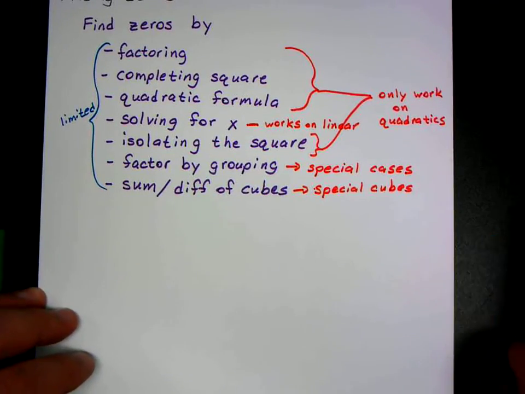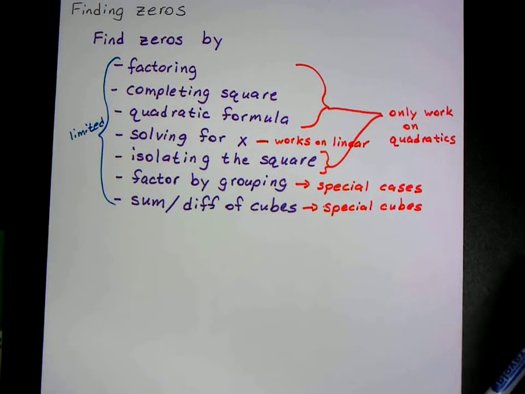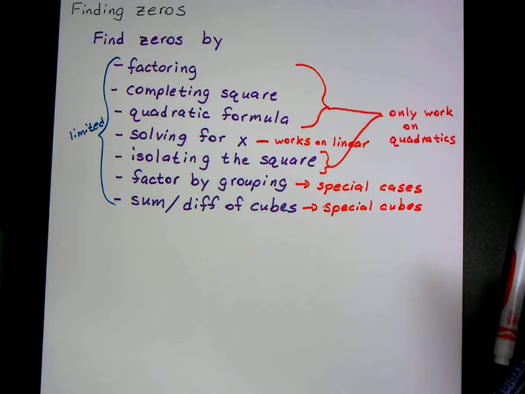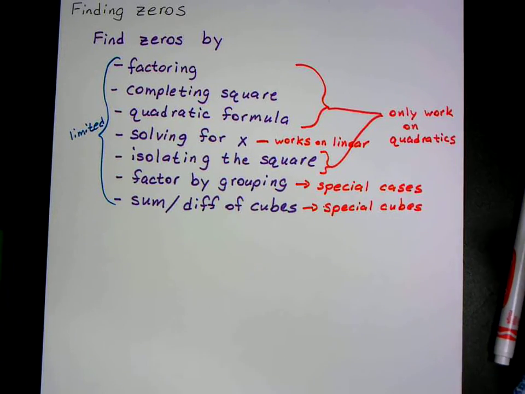In the next section, we're going to learn how to find zeros in broader cases. Those are the ones where, well, first we're going to learn how to do long division and synthetic division. Then we're going to do the P over Q stuff. P over Q is still kind of a special.